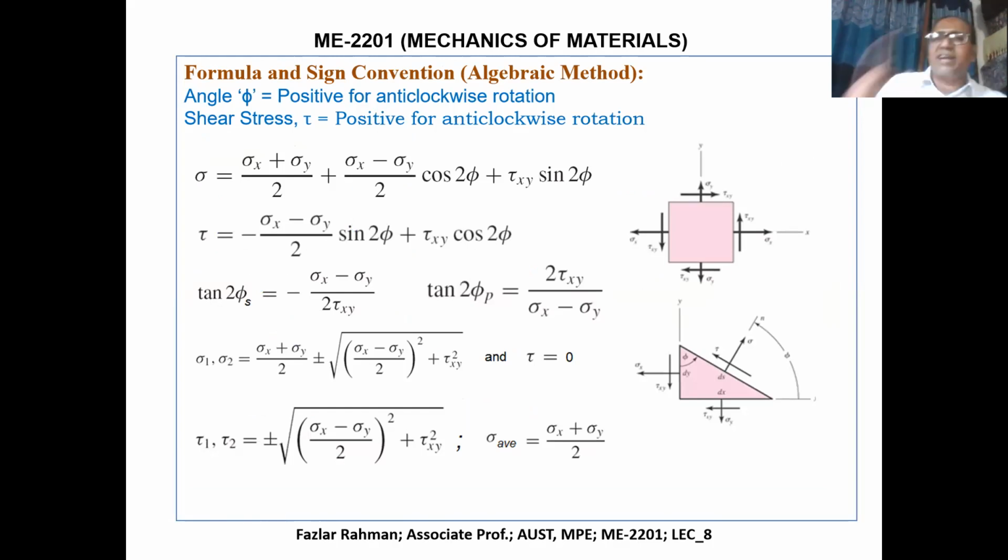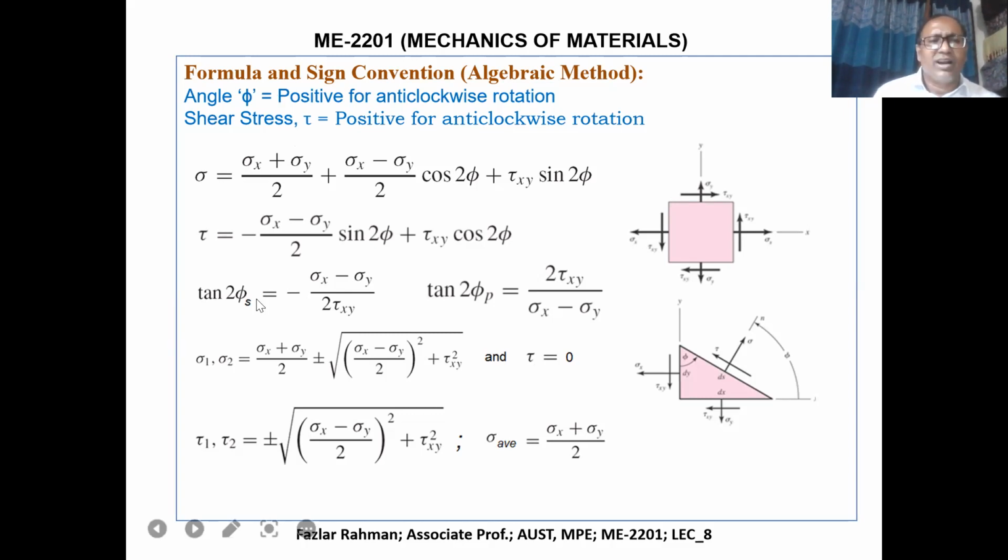You can draw a circle. If you draw a circle, what do you need? You need the circle center, and then you need the radius of the circle. Then you can draw the circle, and from that circle we will figure out the values of tau max and tau minimum without applying this formula. That's easier, so we will discuss it later on.